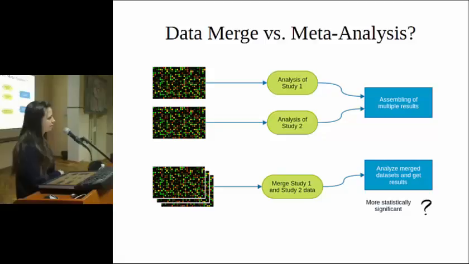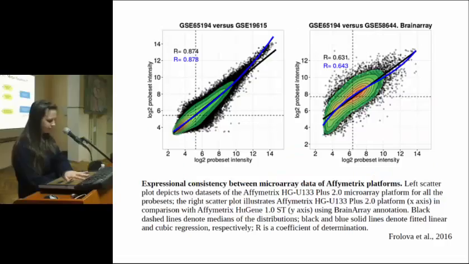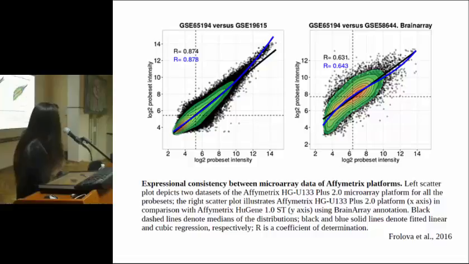A lot of text, but I will try to explain. Here is a comparison of two different microarray platforms, and each dot here represents one probe. On this plot, we compared microarrays of the same platform.